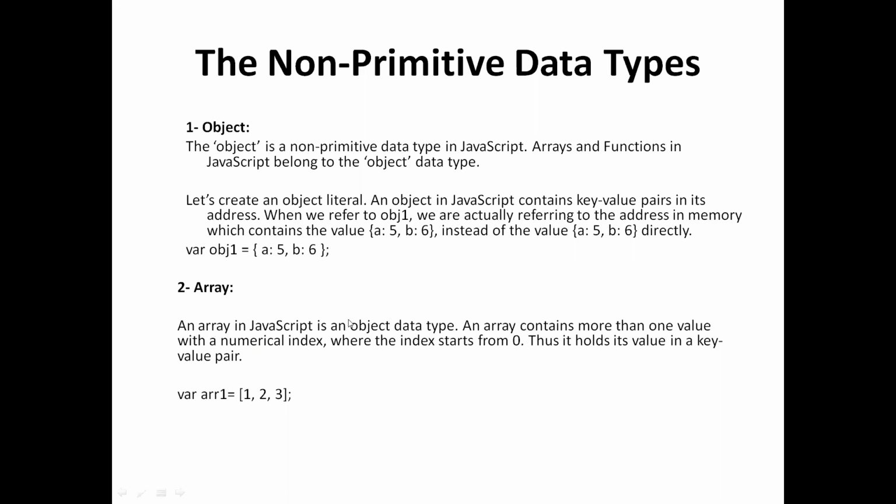An array in JavaScript is an object data type, and it contains more than one value with a numerical index, where the index starts from 0.